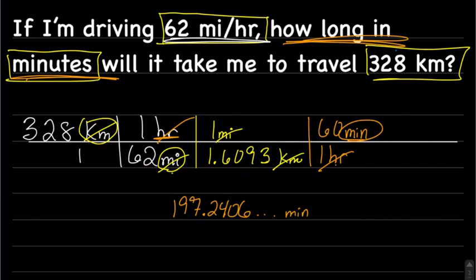And then as always, sig figs. So I have 62, which is 2 sig figs here, and 328, which is 3 sig figs. So my final answer is going to have 2 sig figs. So we're going to keep the 19. So we'd keep 1, 9, right?